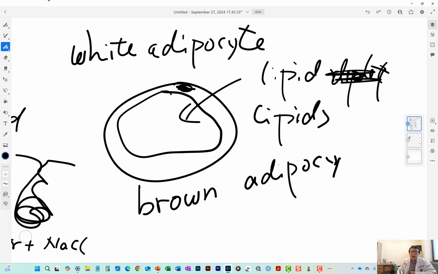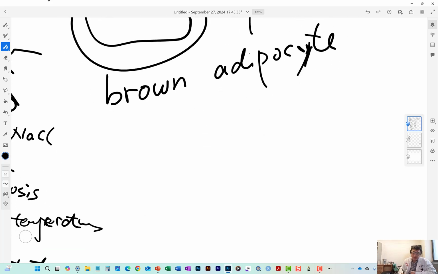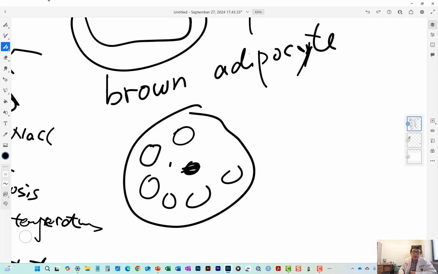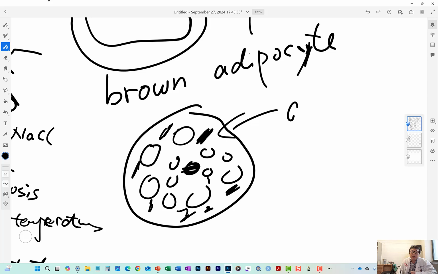A brown adipocyte also contains lipid droplets, but it has a nucleus and multiple small lipid droplets, and in addition, it has a high content of mitochondria, and this mitochondria gives it a brown color.